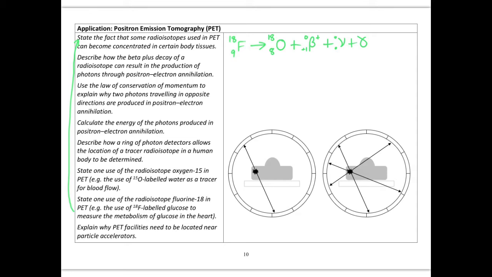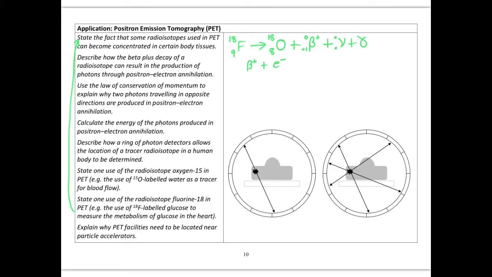Now, this positron that is formed will very quickly collide with an electron. So the positron basically collides with an electron that surrounds one of the atoms. So this positron comes from the nucleus. The electrons are just all the electrons that surround all atoms.